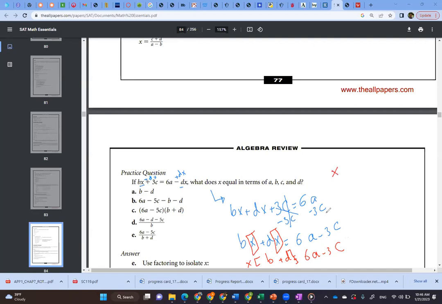So we're going to divide by b plus d on both sides. So x equals (6a minus 3c) divided by (b plus d).